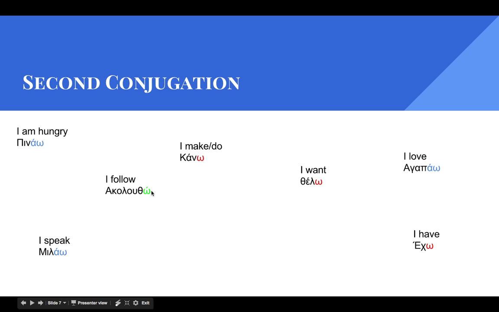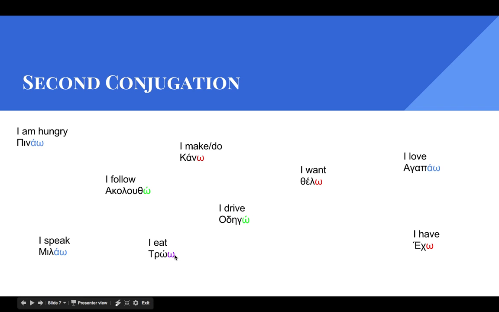Now we have another different one. Although it looks similar to the first, there's actually an accent on the end, which means you would read it not akolutho, but akolutho. And that's how you can tell the difference between first and third, the accent on the end. Here's another example, odigo, I drive. Here is another conjugation. This is the fourth and the last conjugation. Don't worry, there's not any more.